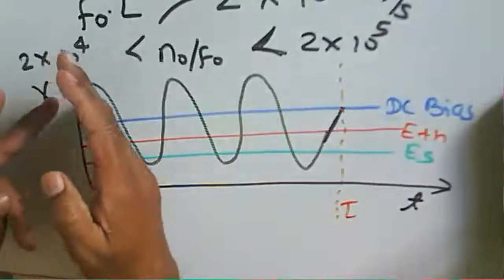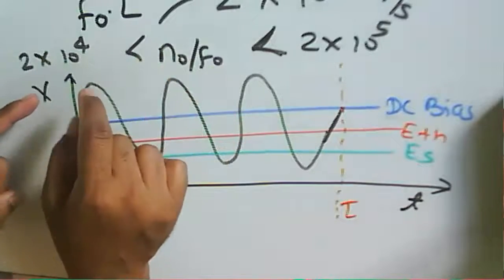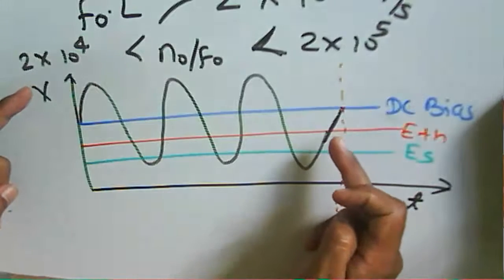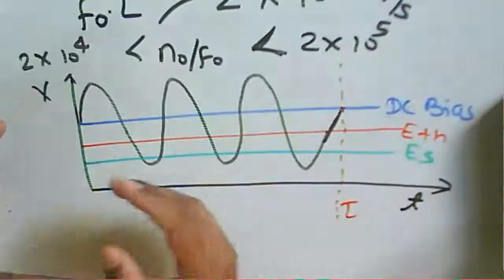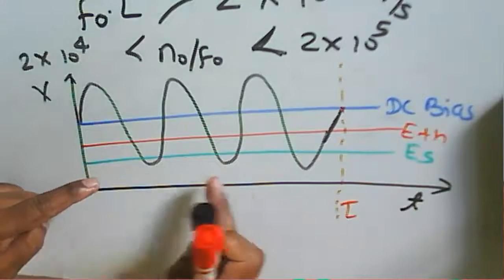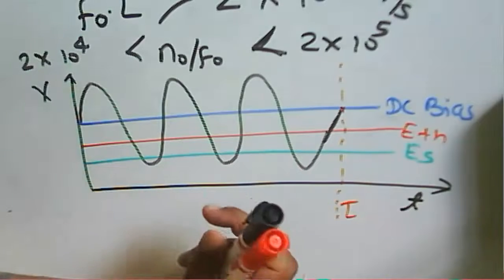This is the domain growth region, the negative resistance region. After that, the domain neither grows nor collapses. This is the domain collapse region, and this is the positive resistance region.